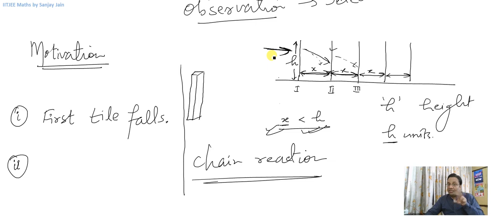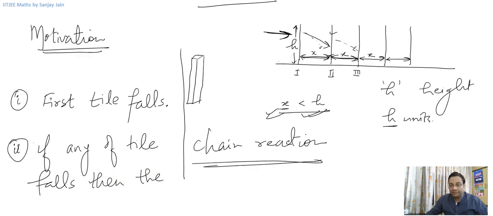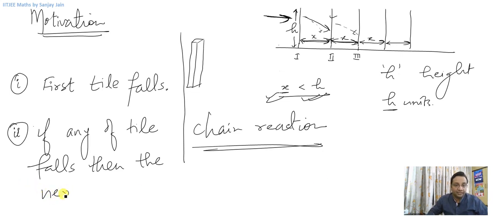And now what is the next condition that is important for all of these to fall continuously, like in a chain reaction? That if any of the tile falls, then the next tile should fall.